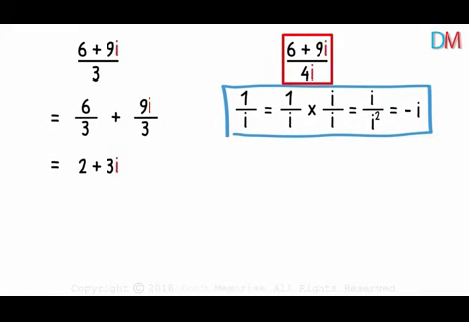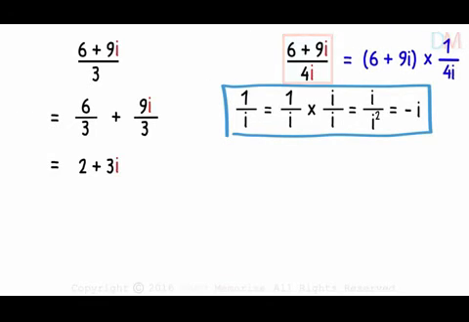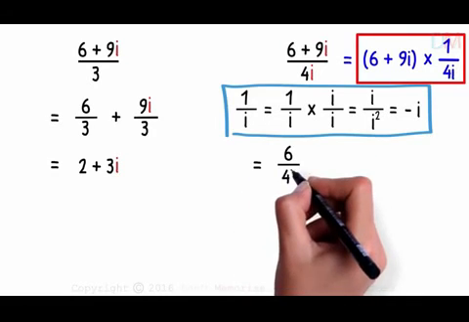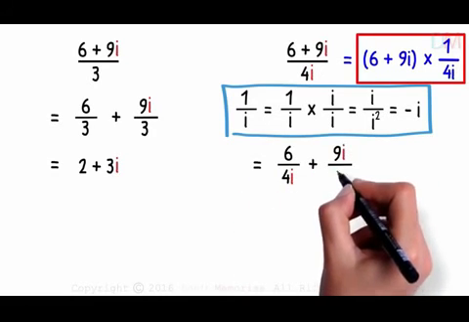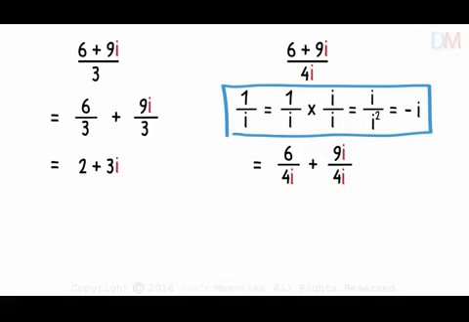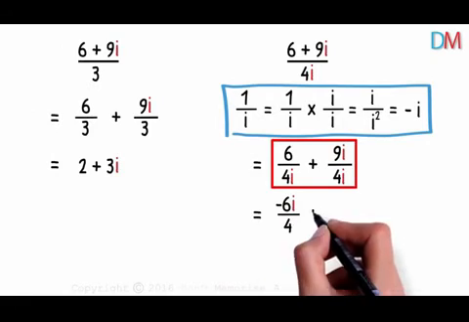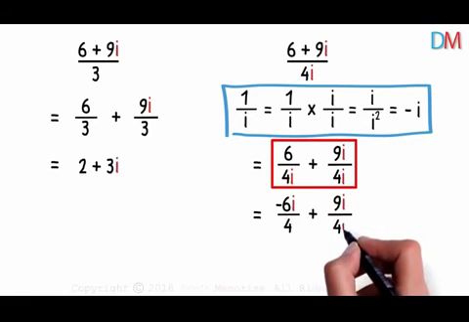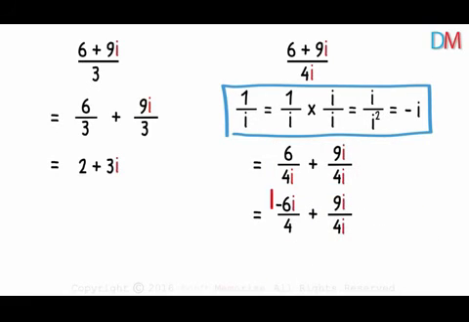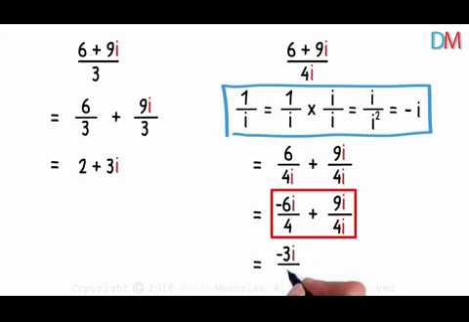Dividing 6 plus 9i by 4i is equivalent to multiplying 6 plus 9i with 1 by 4i. So this will give us 6 over 4i plus 9i over 4i. As we saw that 1 over i is negative i, this can be written as negative 6i over 4 plus 9i over 4i. Simplifying this will give us negative 3i over 2 plus 9 over 4.